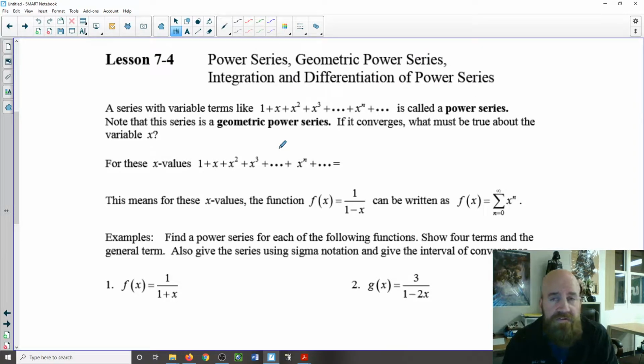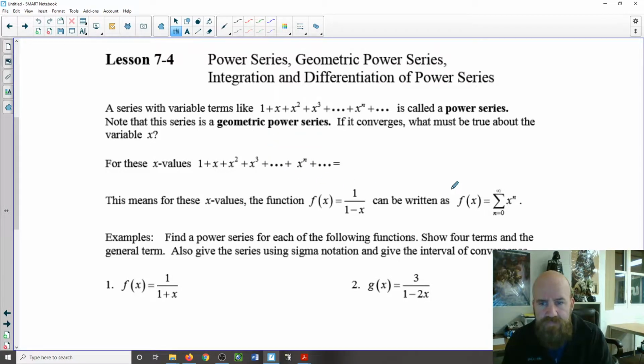Now, a power series you can think of as an infinite polynomial. So we can take some polynomial and create a power series that would mimic that polynomial. We're going to get really deep into this later on, but for this first video, I just want to go through a couple of examples of how to write a power series given some specific information.